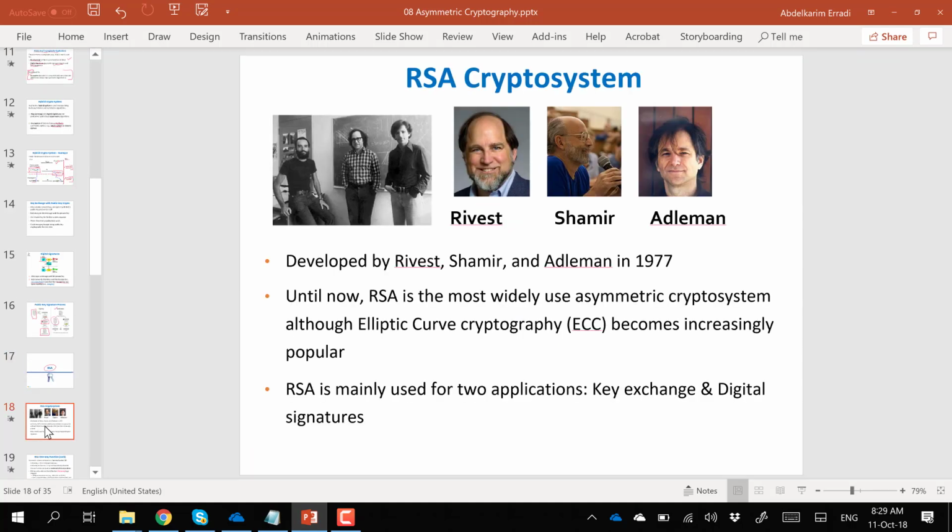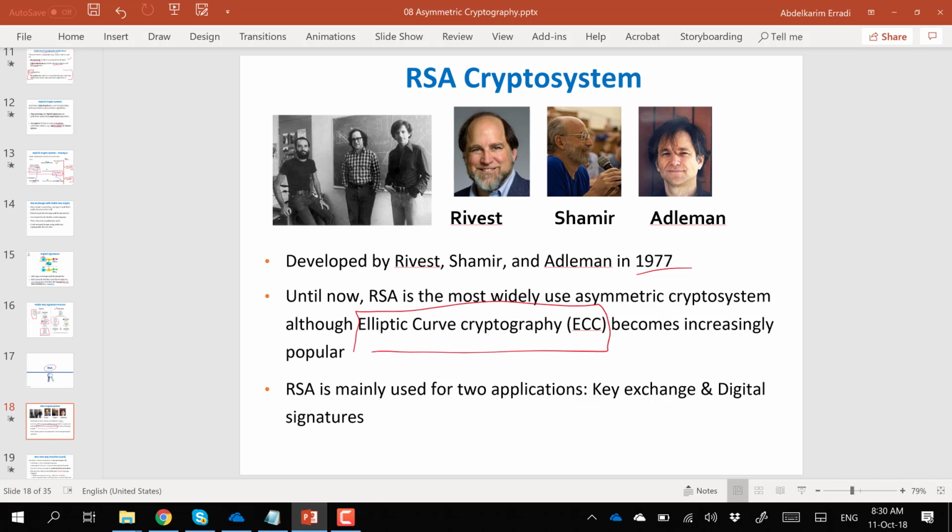RSA stands for the first letter of the last names of the people who invented this protocol: Rivest, Shamir, and Adleman, and this was in 1977. It is by far the most widely used asymmetric cryptography, although it is being challenged a bit, and there is growing competition from another alternative algorithm called elliptic curve cryptography.